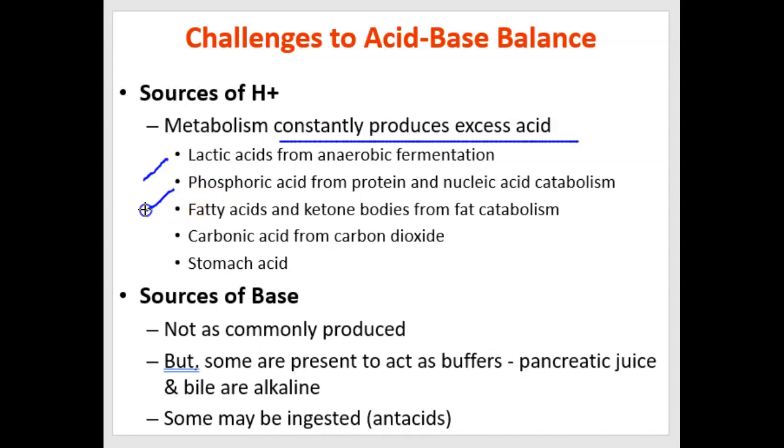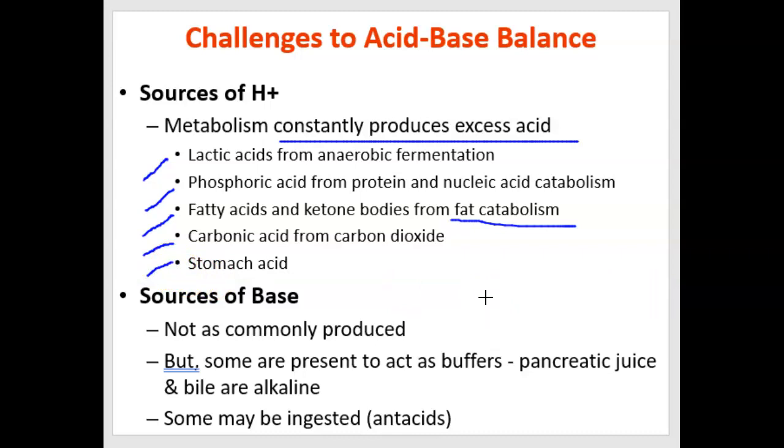We produce phosphoric acid from the breakdown of proteins and nucleic acid. We make fatty acids and ketone bodies when we break down fats. And our cells are always producing carbon dioxide, and so we make carbonic acid. And of course, we make stomach acid, HCl.